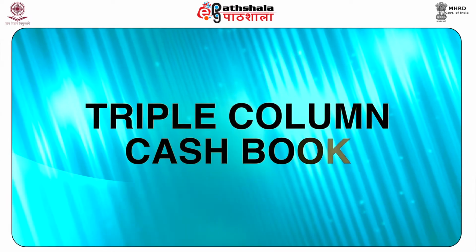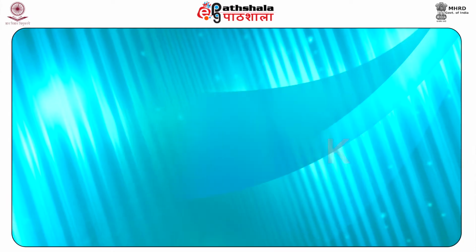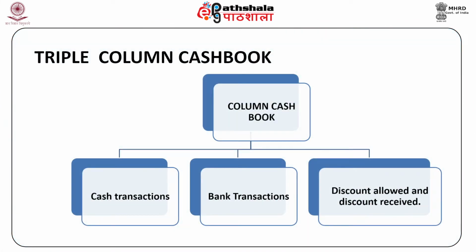The third one is triple column cash book. The cash book has three columns on each side to record the cash transactions, bank transactions and discount allowed and discount received. The debit and credit sides of cash columns record receipts and payments of cash.